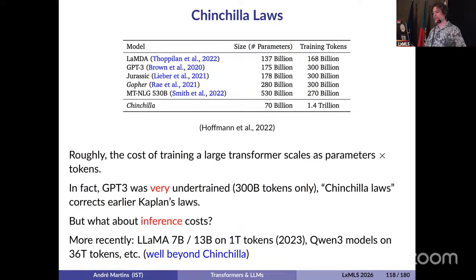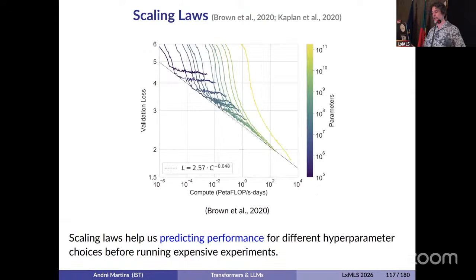There are many ways of doing that, and sometimes things can get a bit misleading. For example, initial work suggested that if you want to maximize your performance and you have a compute budget, the optimal thing to do is to train a bigger model and not train it to optimality, not until you have the best possible validation loss, because it uses the compute budget more efficiently than using a smaller model and training to optimality.